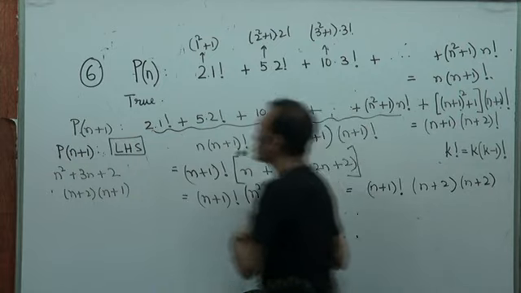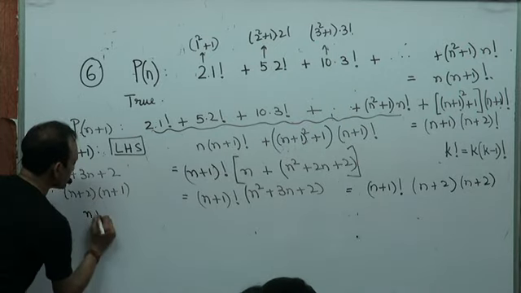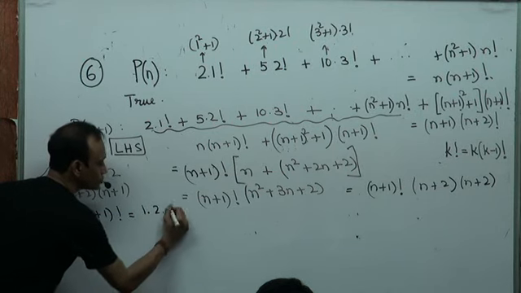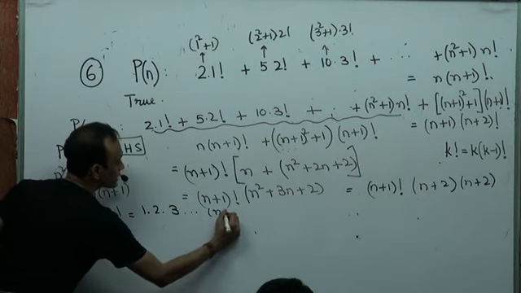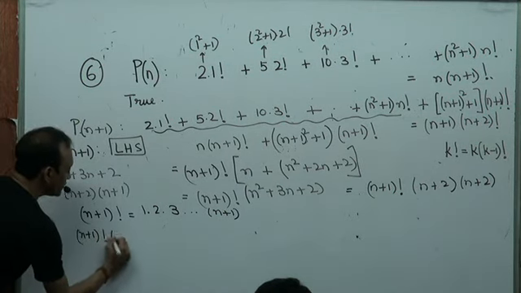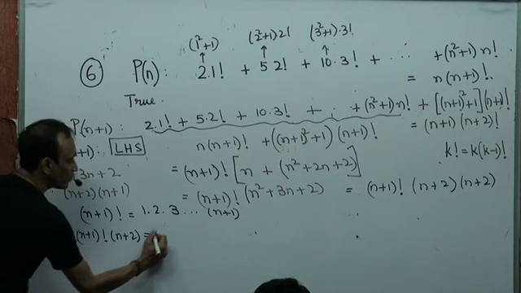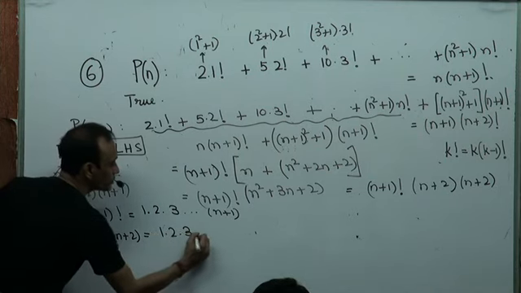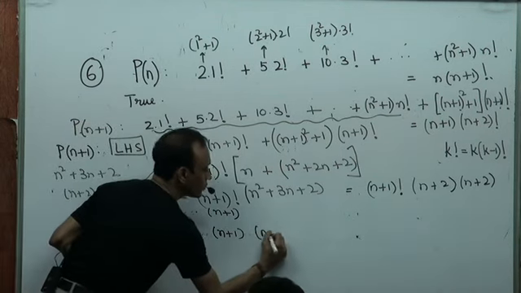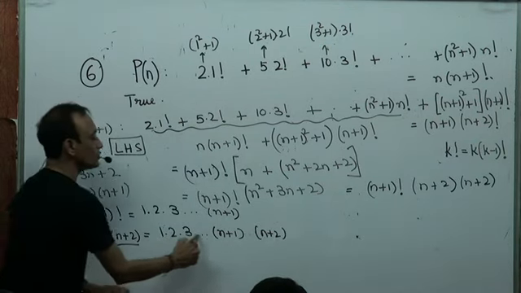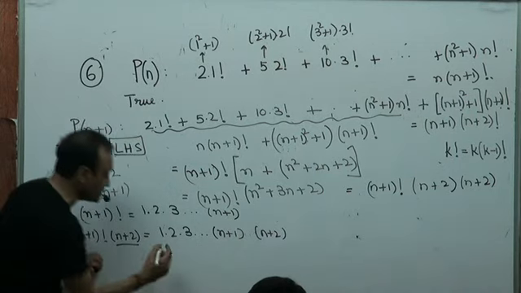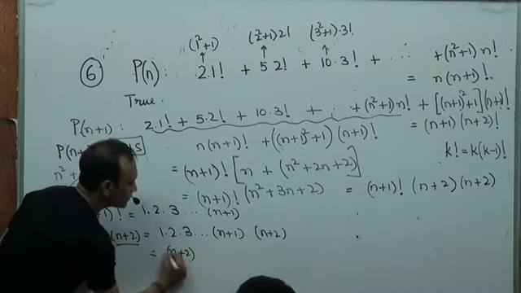I'll repeat. See, what is n plus 1 factorial? N plus 1 factorial is 1 into 2 into 3 up to n plus 1. Now, n plus 1 factorial into n plus 2 is going to be what? 1 into 2 into 3 into n plus 1 into n plus 2, which is the product of the first n plus 2 natural numbers, which would be n plus 2 factorial.